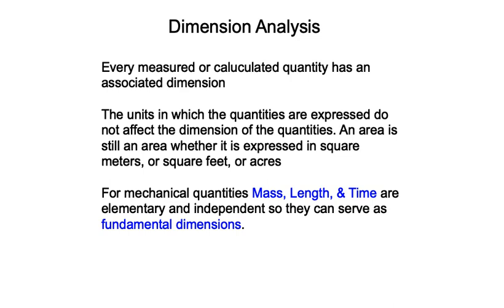And the same goes for its mass. You can measure its mass in kilograms, in grams, or in pounds or ounces. All these are different ways to quantify the same dimension.